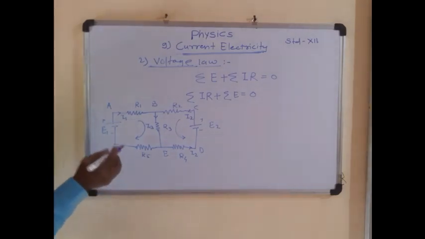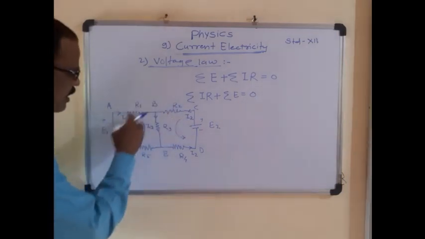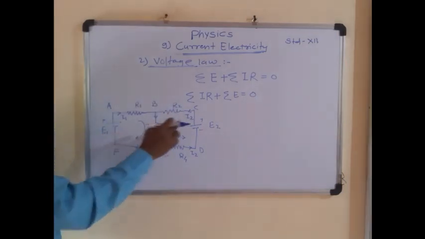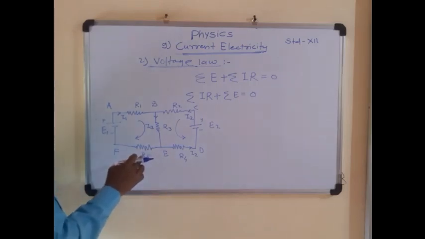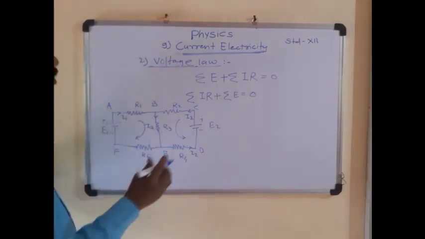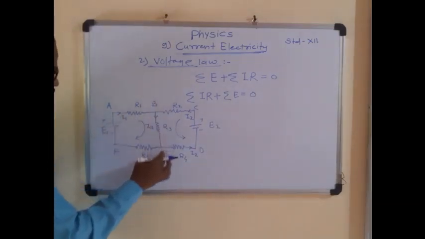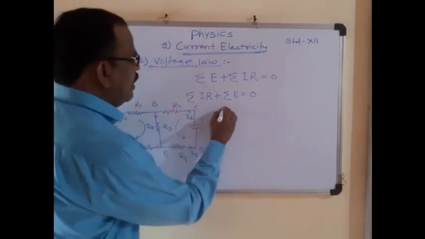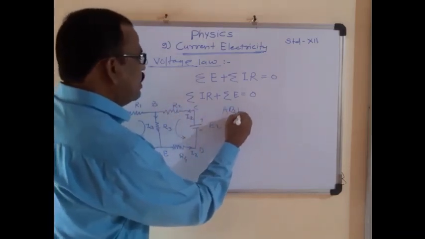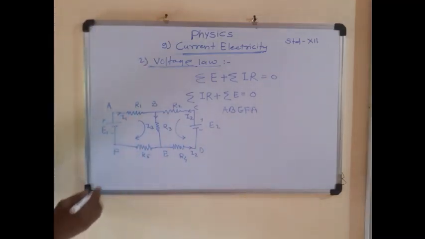Then we have to consider the number of resistances connected in the circuit, and two electromotive forces also connected in the circuit. This closed circuit consists of 3 loops or 3 closed circuits. First, A, B, E, F, A. This is the first closed circuit.